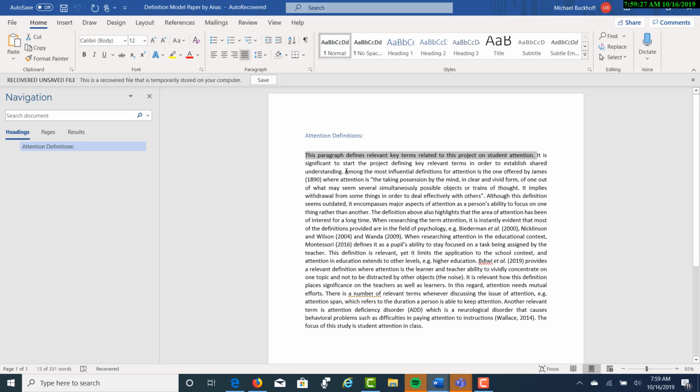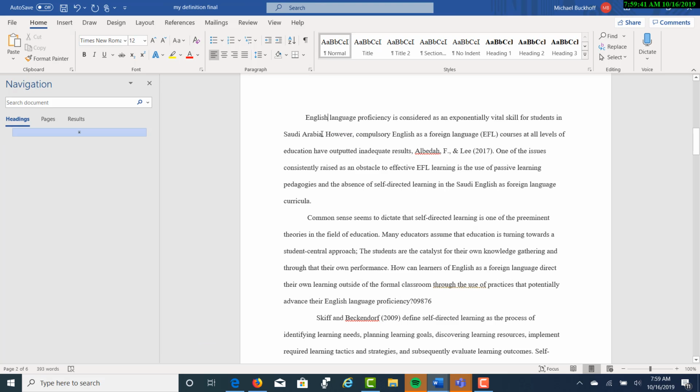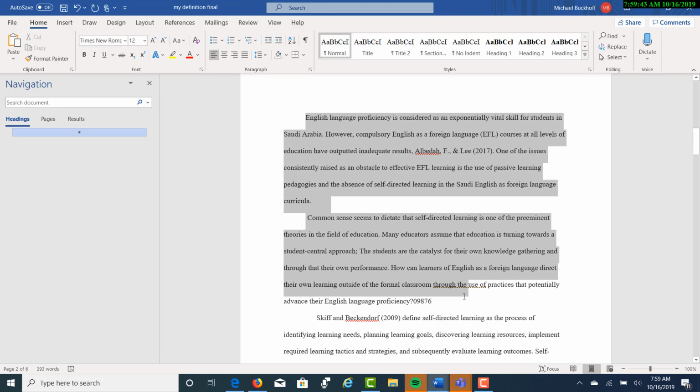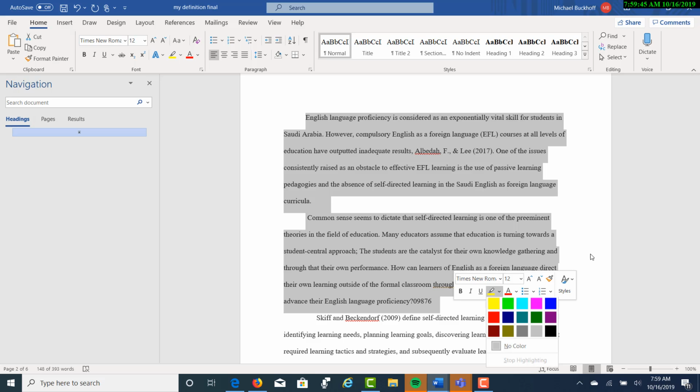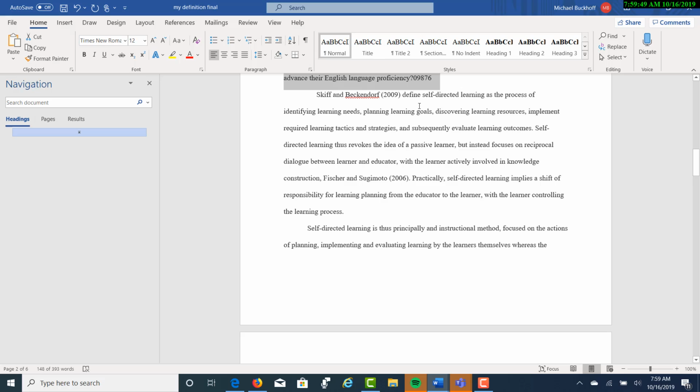And then he spends every single line here just focusing on definitions on student attention. So that's probably what you need to do here, is spend more time here focused on definitions.